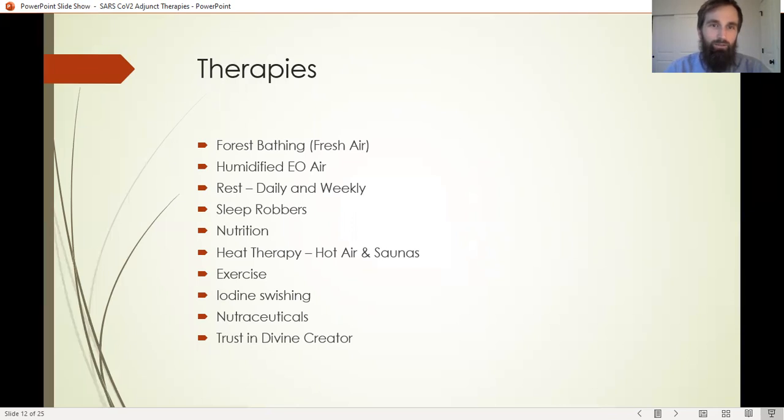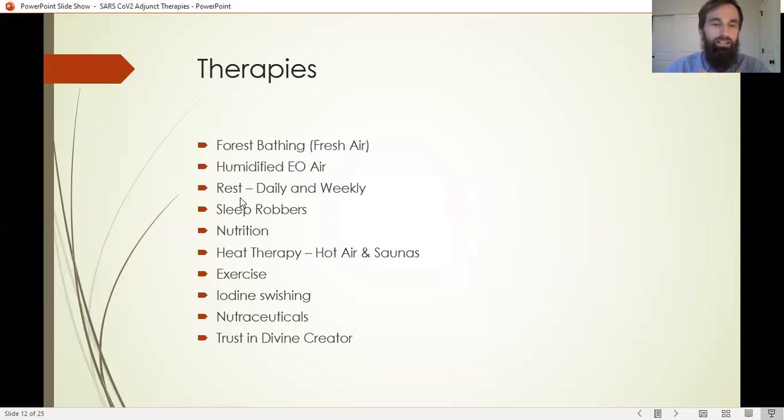We're going to look at humidified essential oil air. I may have misspelled that. The essential oil being humidified and breathed into the lungs, where those ACE2 receptors are, where the tissue is most susceptible to an infection taking place and the COVID pneumonia occurring.